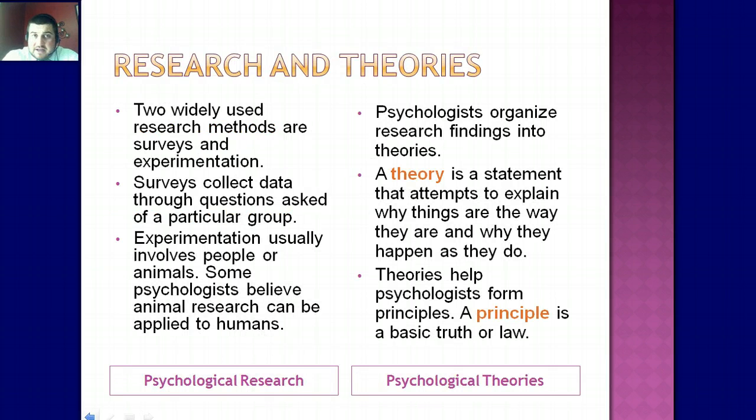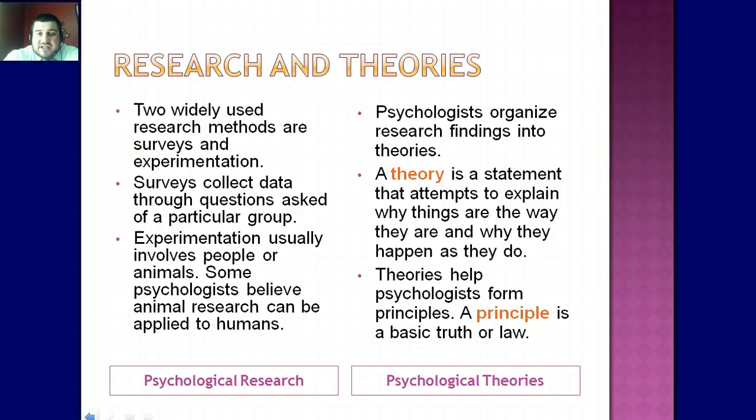And finally, in this first section, we're going to give you a quick overview of research and theories. Ways we do research in psychology are surveys and experimentation. Surveys, like a paper-based one, you've probably all taken surveys just to answer some questions, and we'll get into why there are some downfalls to that. We'll get into those later.